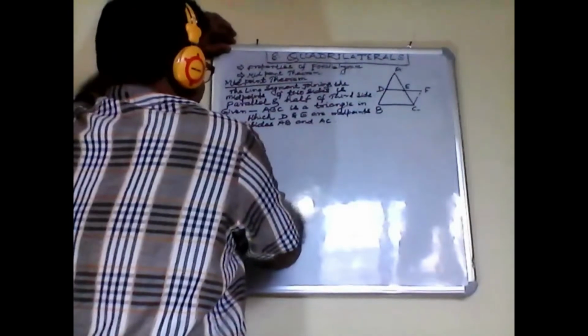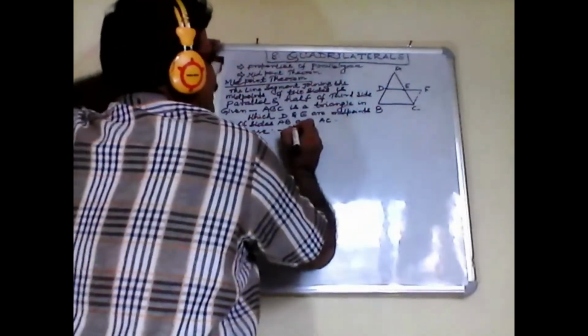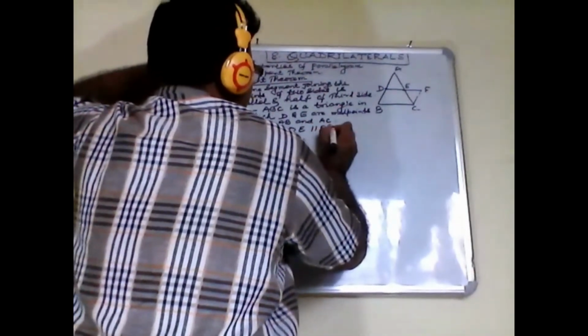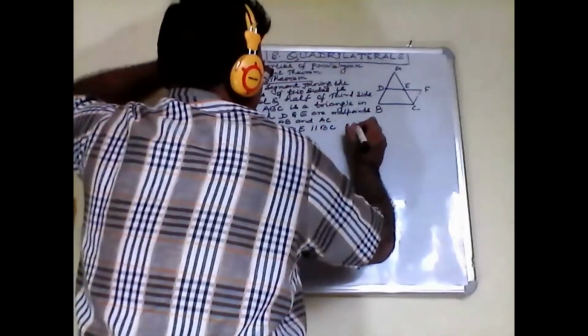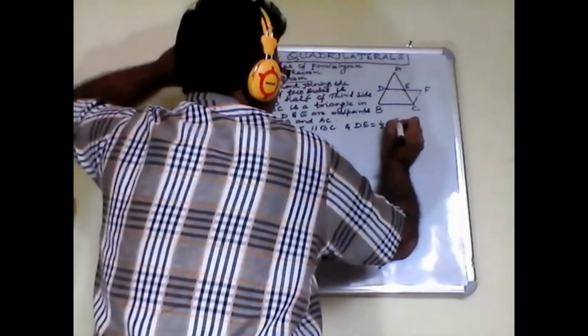To prove, DE is parallel to BC and DE is equal to half BC.